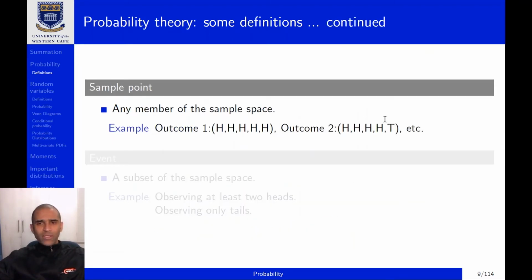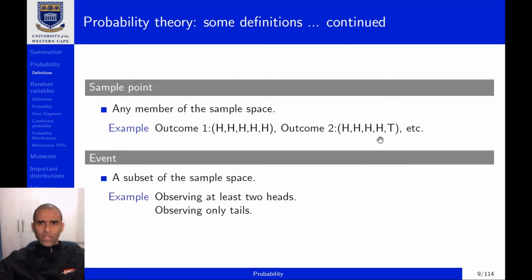Alright, a sample point is any single element in the sample space. An event is any subset of the sample space. So an event can comprise multiple sample points, as is the case over here by observing 2 heads.